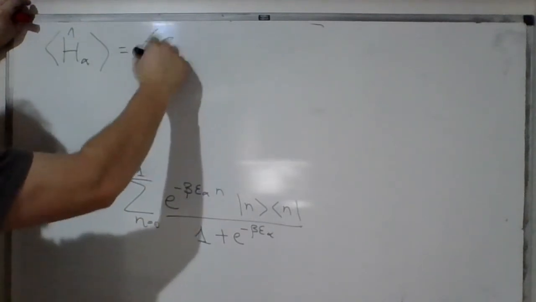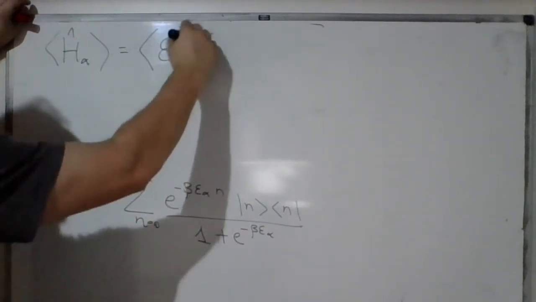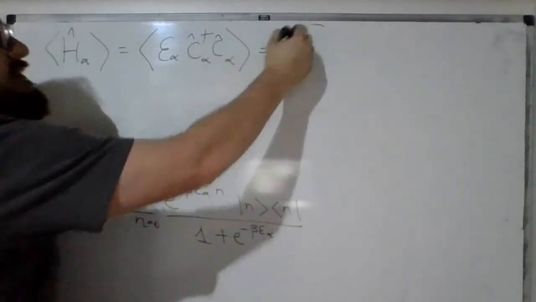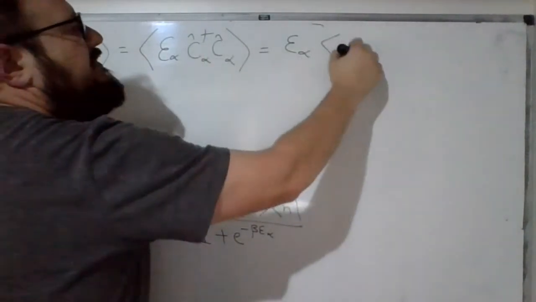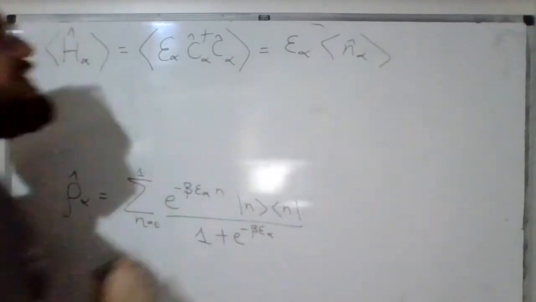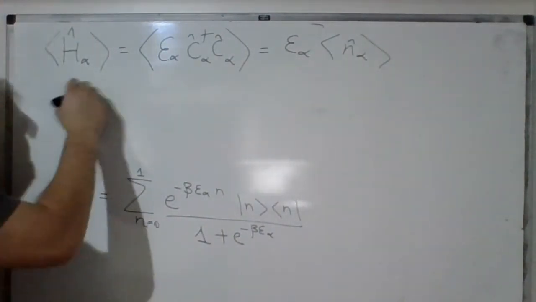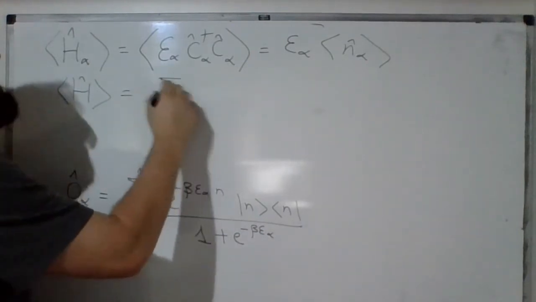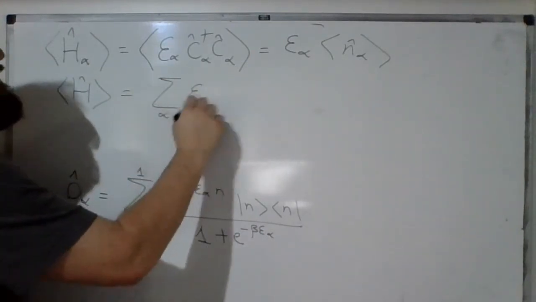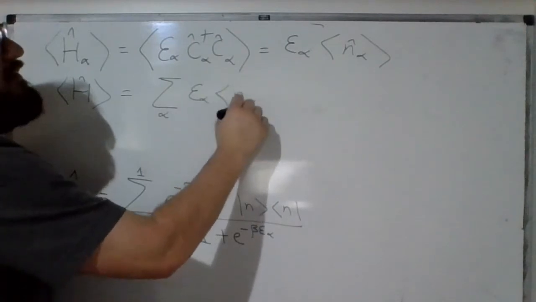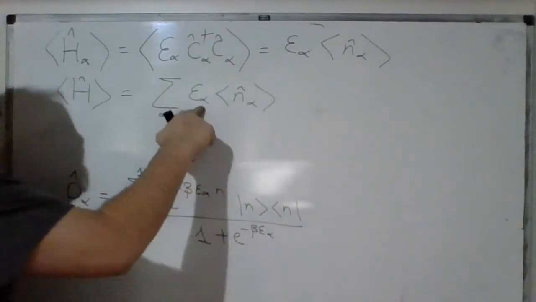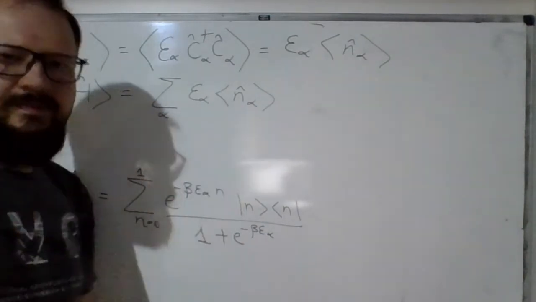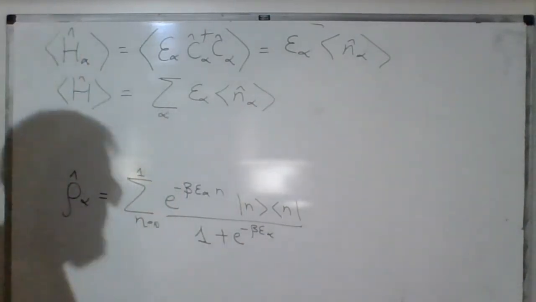The average of E alpha C dagger alpha C alpha is just E alpha times the average of the number operator. The total energy of the system on average is just a summation over all the alphas possible, the energy of a given alpha times the occupation number given the temperature of the system.